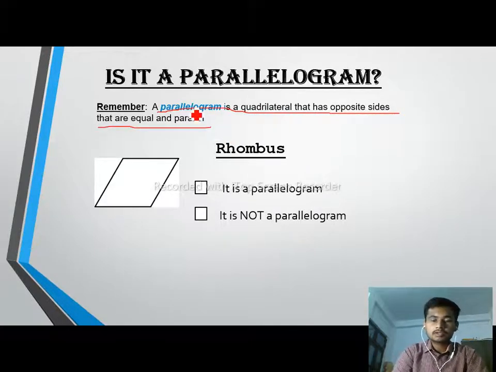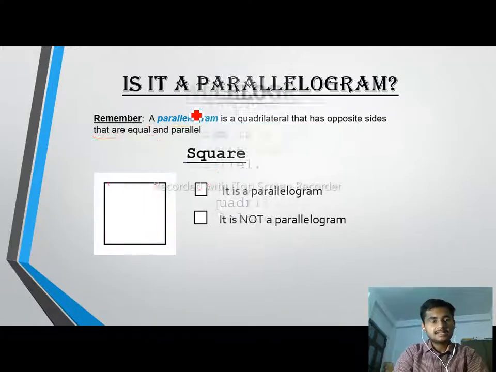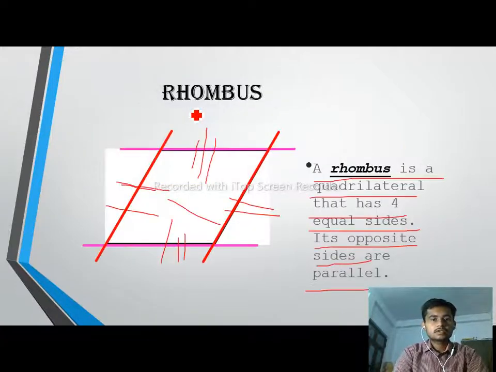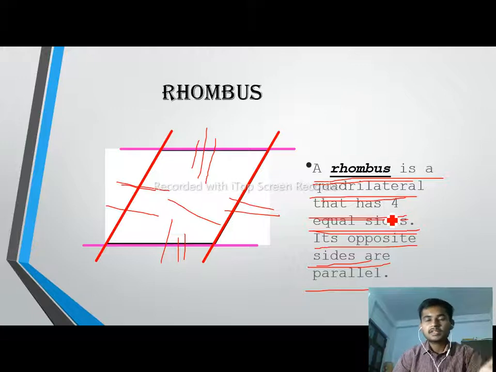We have discussed the properties of a rhombus, but let's see one more time, students. Remember always that a rhombus is a quadrilateral that has four equal sides, and its opposite sides are parallel.